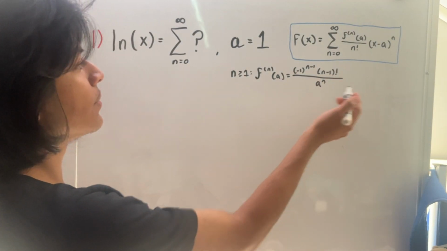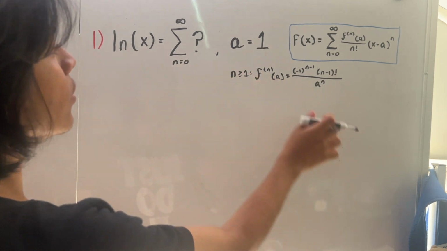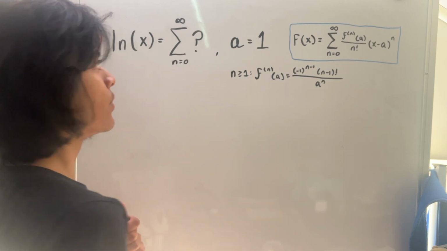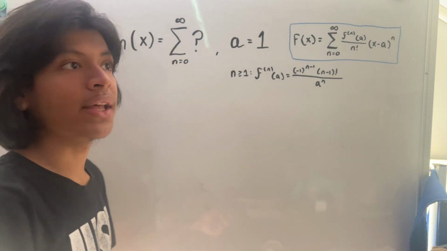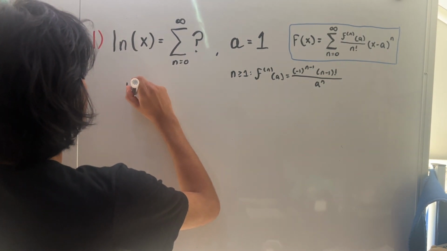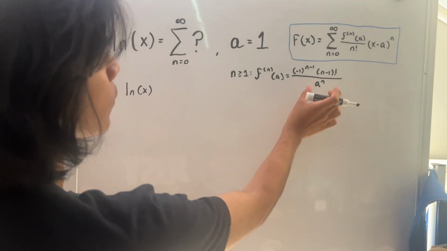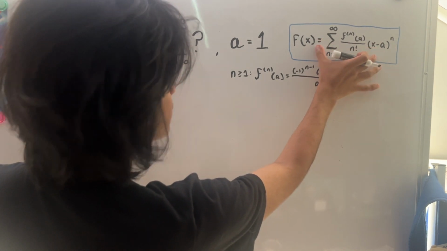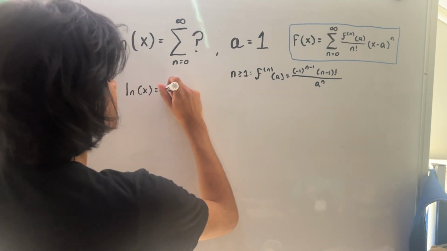Okay, so now I just erased a couple things, cleaned up the board a little bit, and now we're going to start writing our series expansion. So remember that this is starting when n is equal to 1. So for our first term when n is equal to 0, we're just going to write that part out. So we have our function ln of x. So when we plug in 0 for this expression right here, remember we're going to have that ln of x at the top.